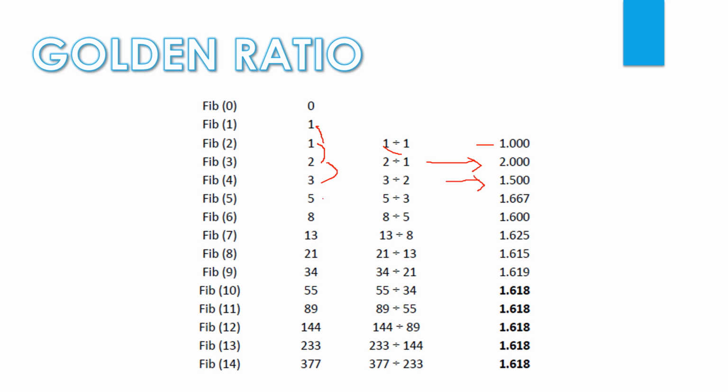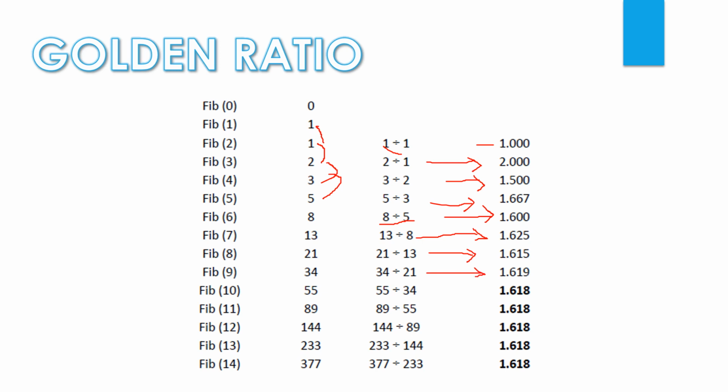And then 5 divided by 3 is 1.667. 8 divided by 5 is 1.6. Next is 13 divided by 8, so we have 1.625. 21 divided by 13 is 1.615.